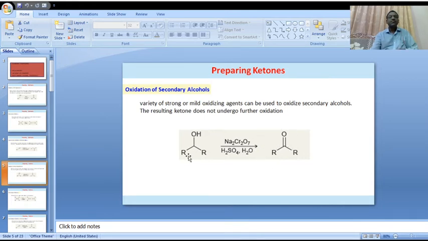Here, the starting material is a secondary alcohol. On reaction with the mild oxidizing agent, sodium dichromate, in the presence of sulfuric acid, it turns into a ketone, the ketonic function. Is it clear? R C double bond O, a ketone is produced in this reaction.